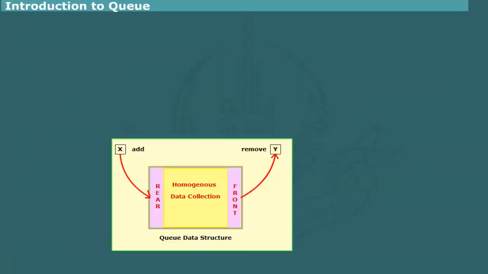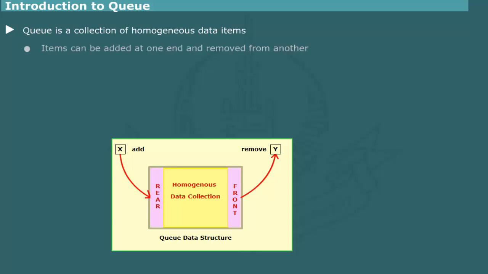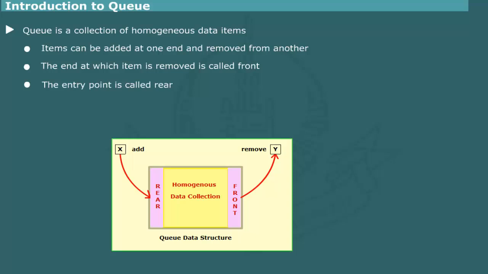Introduction to queues. A queue is a collection of homogeneous items in which new items can be added at one end and current item removed from another end. The end at which an item is removed is called front, and the other end at which the item is appended is called rear or back of a queue.